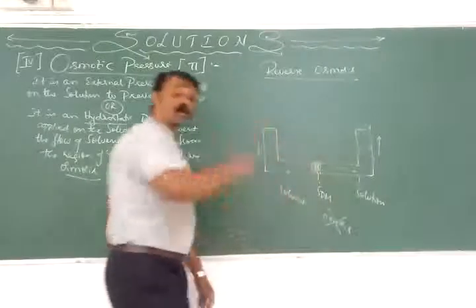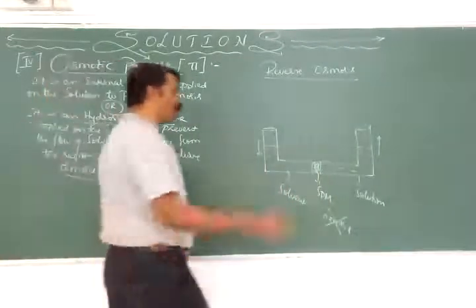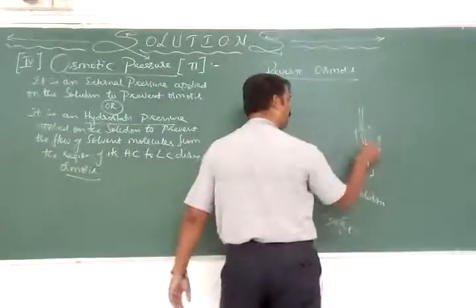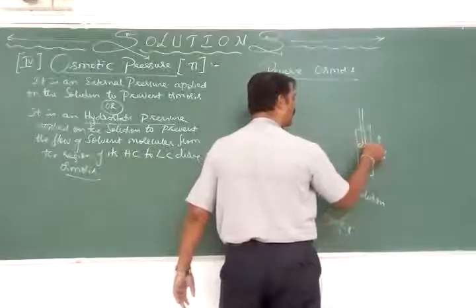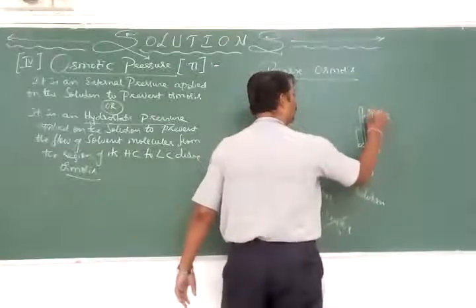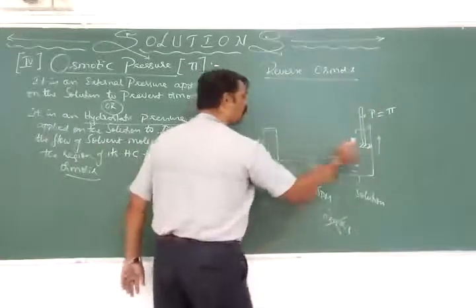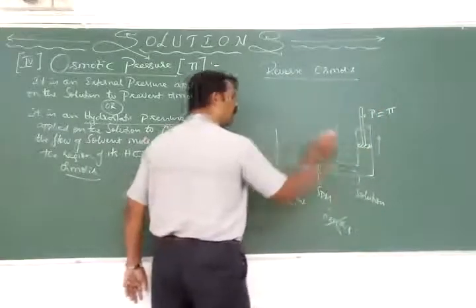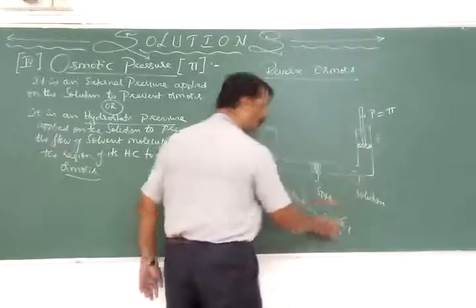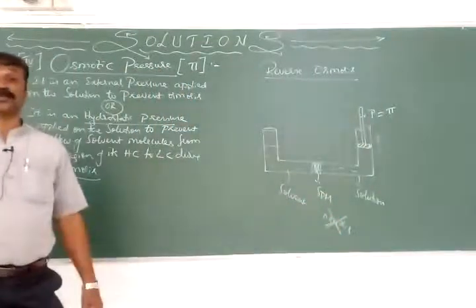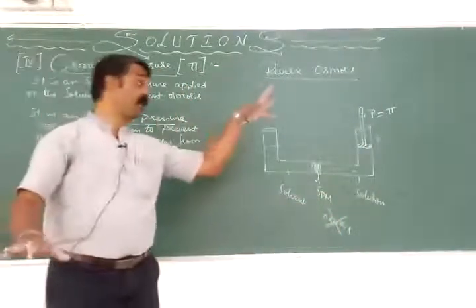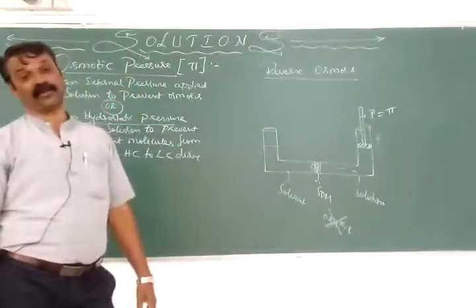To prevent the process called osmosis, what do we have to do? We have to apply an external pressure, equal to the osmotic pressure. Then the levels of these two remain the same, which means we are preventing the osmosis. The pressure applied is called osmotic pressure.